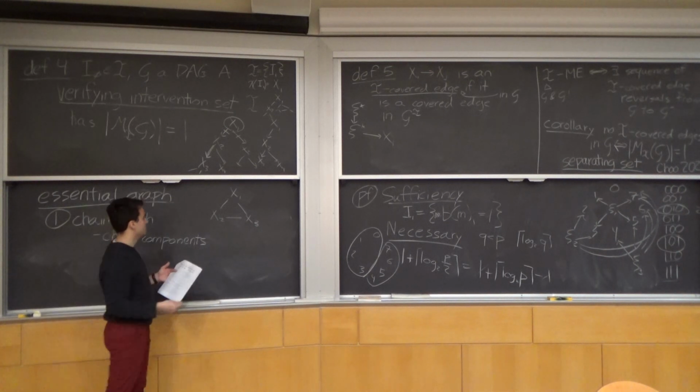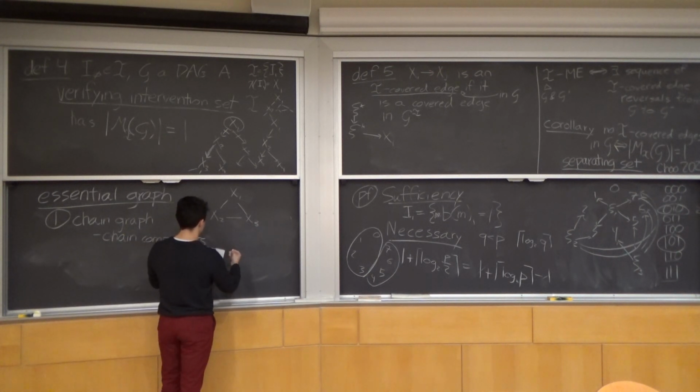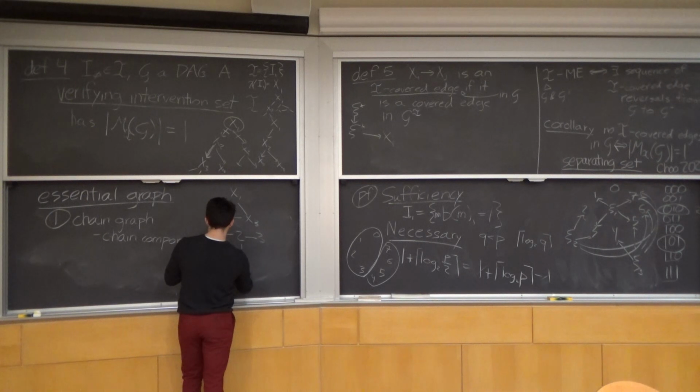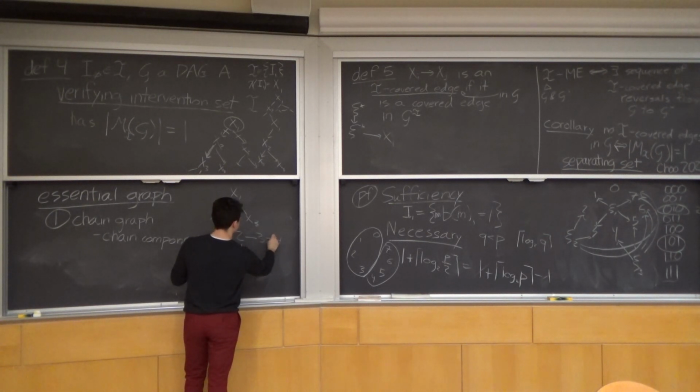So I have in the notes an example. If we had 1, 2, 3, 4, 5, let's say that this was our essential graph. You can check that it is a chain graph.